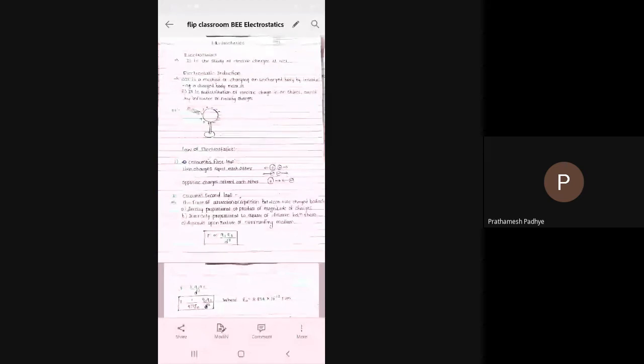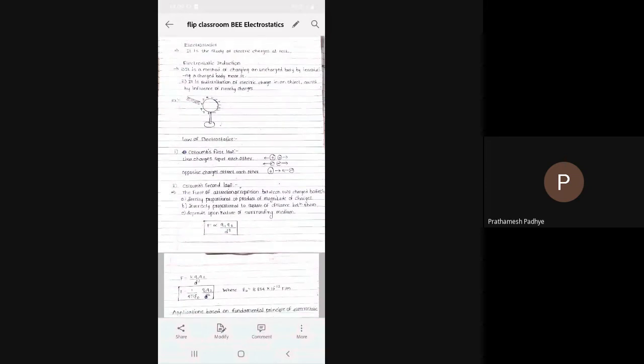If we study any charges which are at rest, that is electrostatics. Next point, electrostatic induction. It is a method of charging an uncharged body by introducing some charged body near it, and it is also called the redistribution of electric charge in an object caused by the influence of nearby charges.